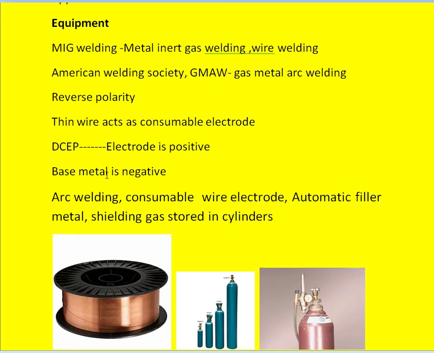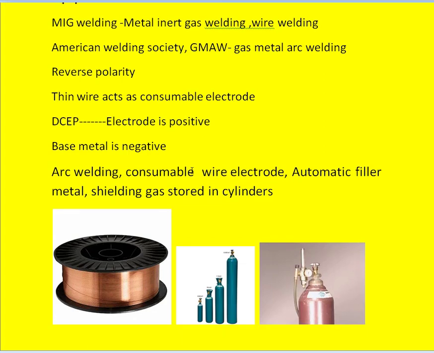Base metal is the metal which is to be welded, and it is connected to the negative of the DC supply. This method comes under the category called arc welding. And the electrode is an automatic filler metal.